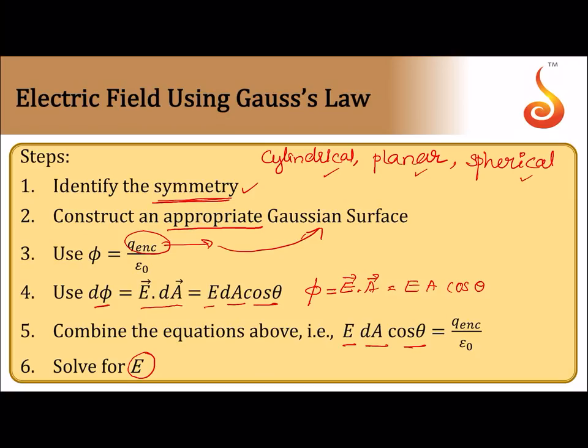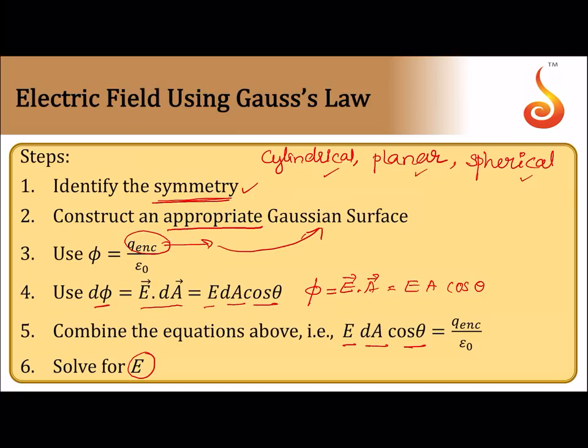So you may wish to pause the video here for a few seconds and write down these steps. The first step is identify the symmetry. Second step, construct an appropriate Gaussian surface. Third step, use flux is equal to net charge divided by epsilon naught.